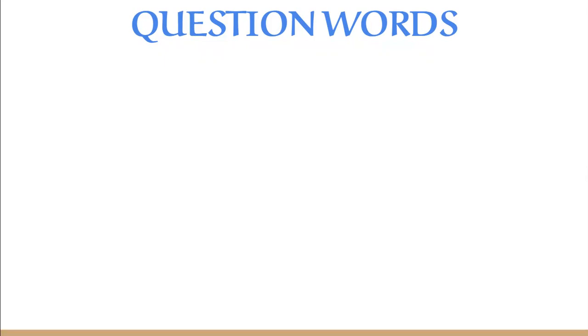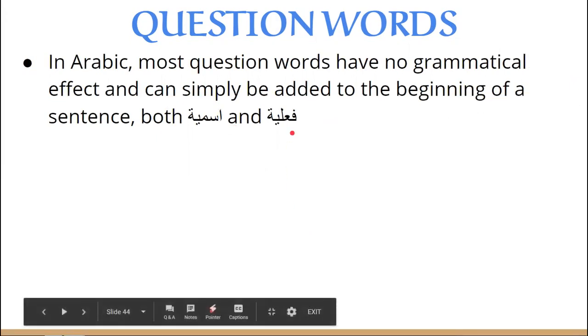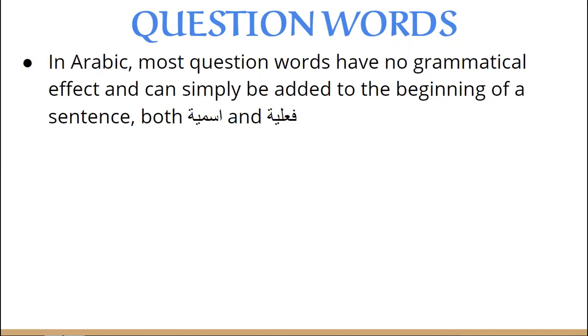So now comes the question words. We know how to make a normal sentence in Arabic. We studied jumla ismiya, ism based sentence, and jumla failiya, fail based sentence. Now how do we turn them into questions? Making a question in Arabic is pretty easy. It doesn't have any grammatical effect on the sentence. There are a few words you have to memorize, and you can put those words in front of any sentence, either jumla ismiya or jumla failiya, it doesn't matter.